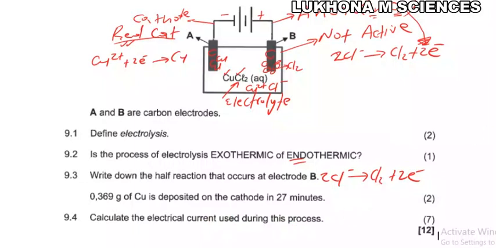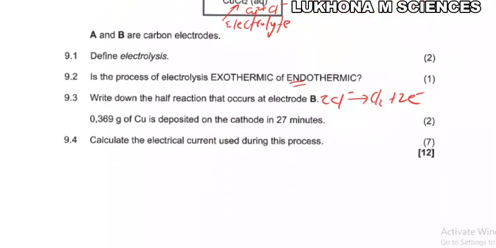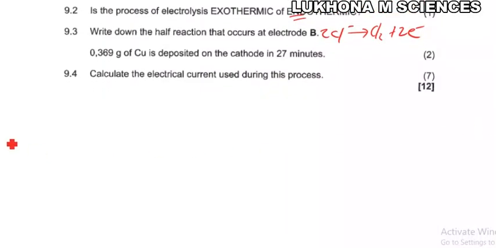Okay, I'll first write the steps, then we continue. Step number 1, when you see this question, that is question number 9, we are going to calculate the number of moles. Number 2, we are going to use the mole ratio.